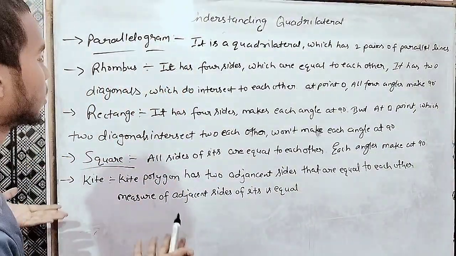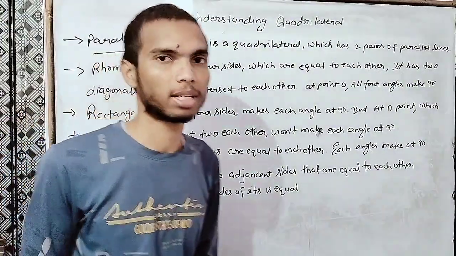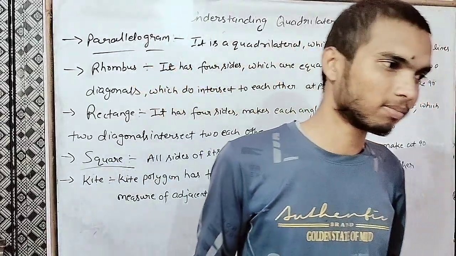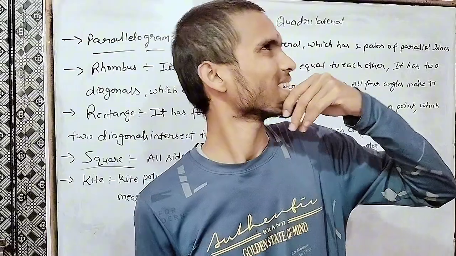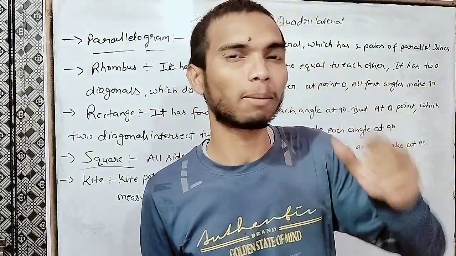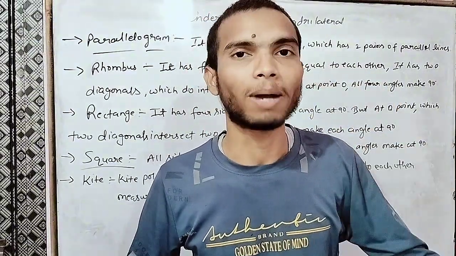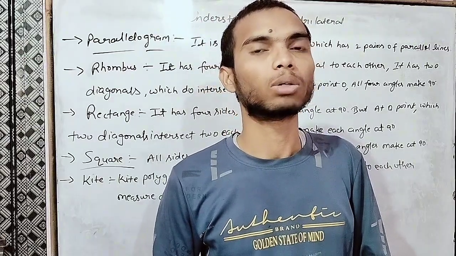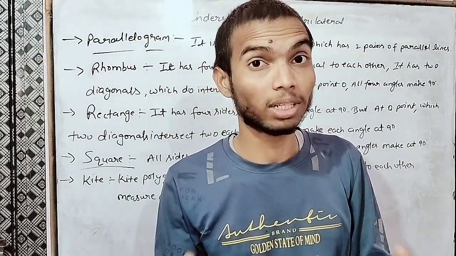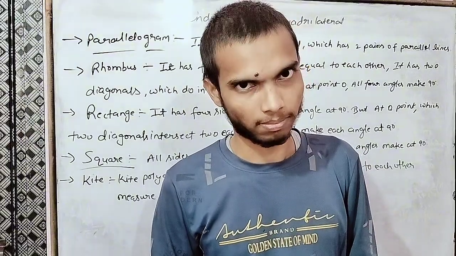Now trapezium. Discussion of what a trapezium is. A trapezium has a pair of parallel lines, and the non-parallel sides are not equal to each other.